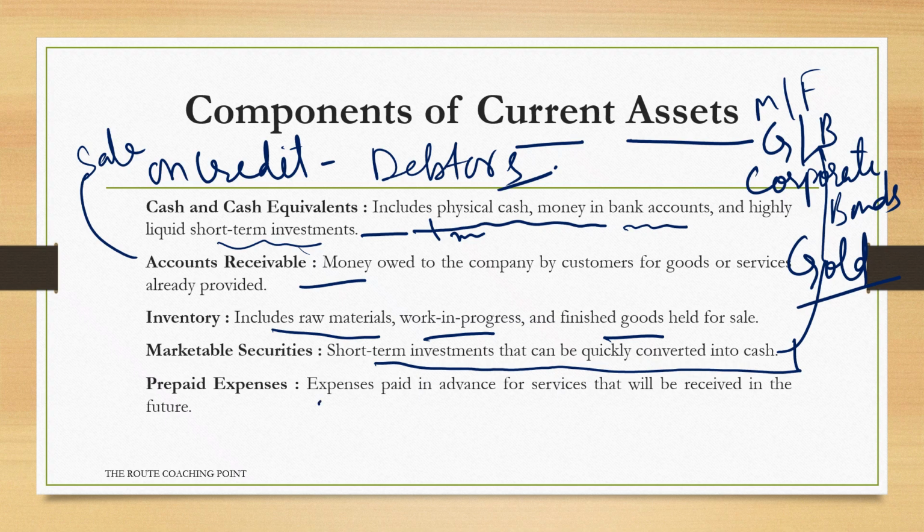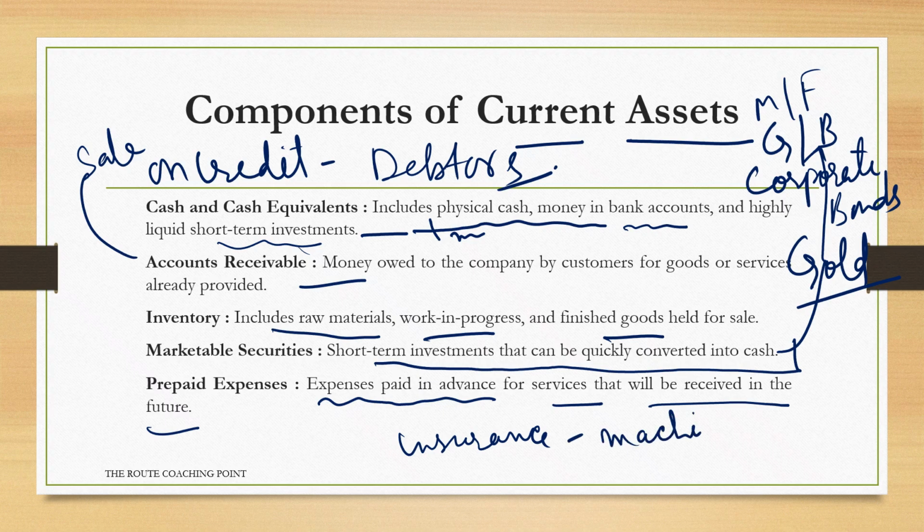Prepaid expenses: expenses paid in advance for services that will be received in the future, like the insurance we take for our machines. Companies do it for their machines, cars, bikes and all. So this insurance is done, and we have to pay in advance.